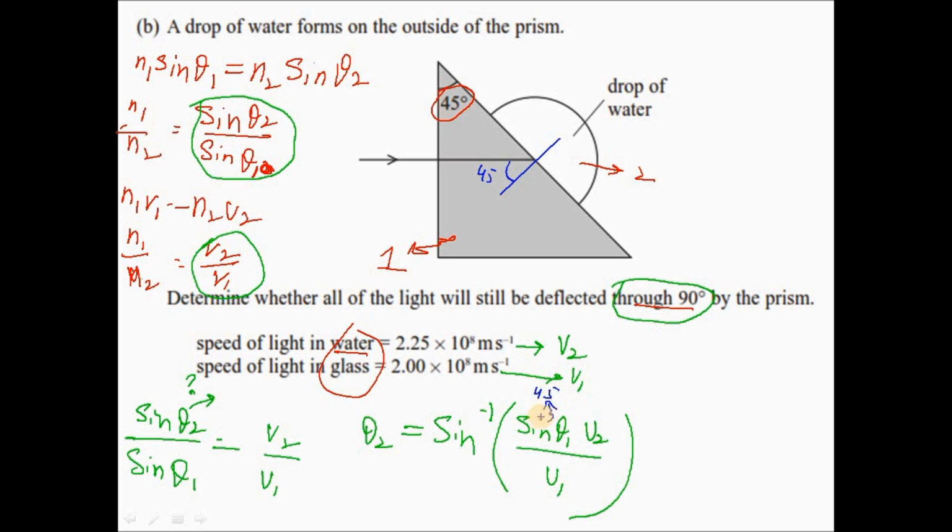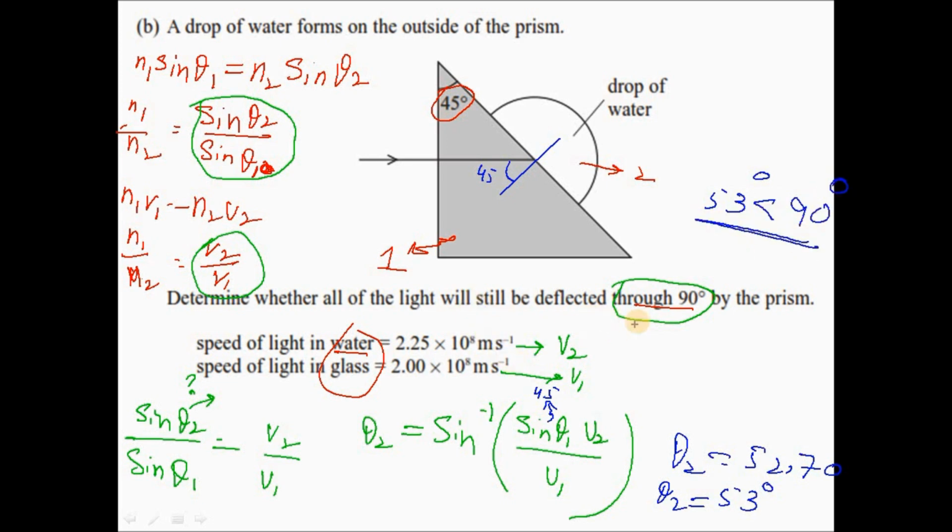You can plug in theta 1 as 45, v2 is 2.25 times 10 to the power 8, v1 is 2 times 10 to the power 8, and if you solve this, the value of theta 2 would be 52.70. If you round it off, theta 2 is 53 degrees. That means theta 2, 53 degrees, is less than 90 degrees. So it won't be deflected.